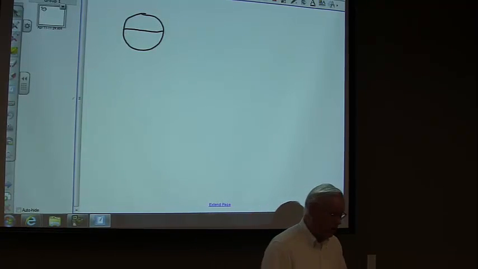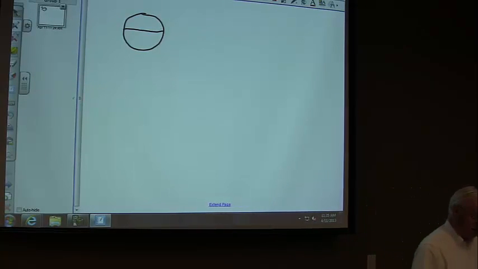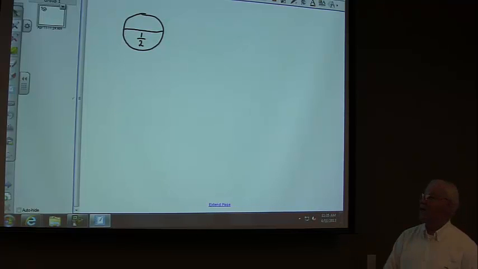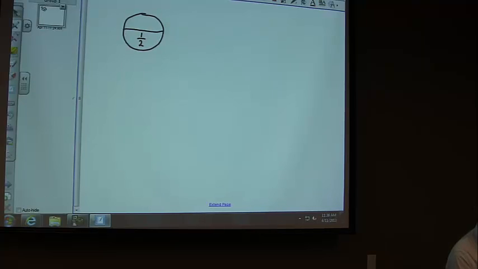And we would denote that as a fraction by calling each one of those 1/2. So what does that 1/2 mean? Well, notice when I take the fraction 1/2, we call the bottom the denominator, and we call the top the numerator.